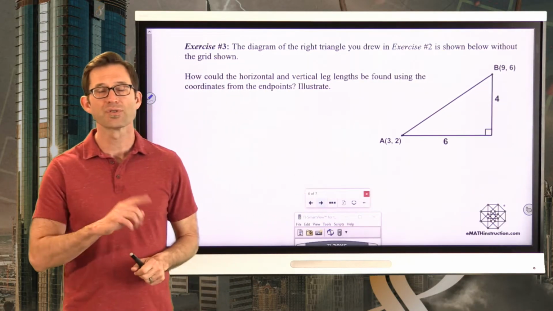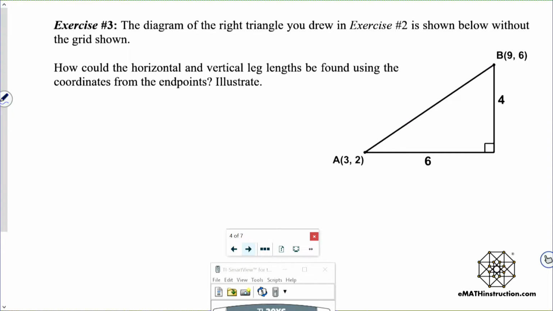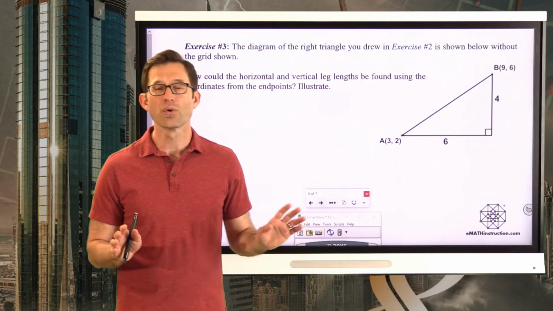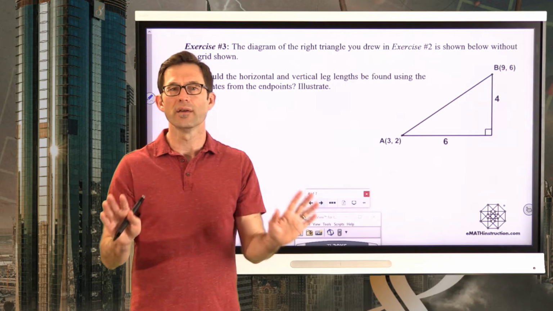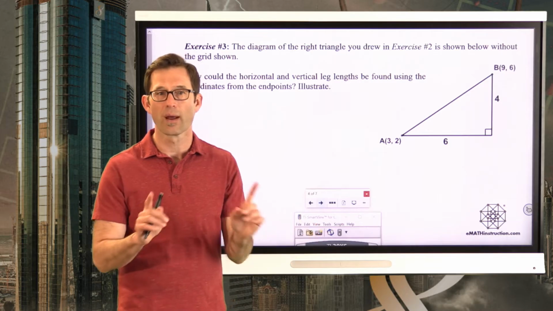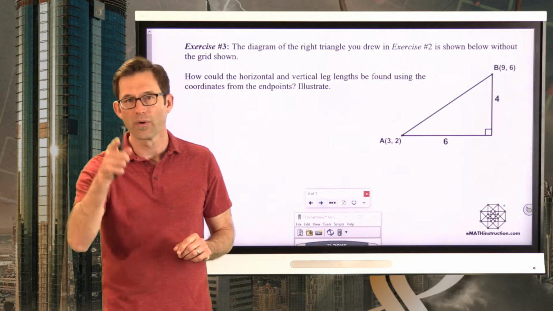All right, exercise number 3. The diagram of the right triangle you drew in exercise number 2, the one we just did, is shown below without the grid shown. How could the horizontal and vertical leg lengths be found using the coordinates from the endpoints? Illustrate. All right, so again, here's the idea of where we're going on exercise 3, and then I want you to think about this a little bit on your own, right?